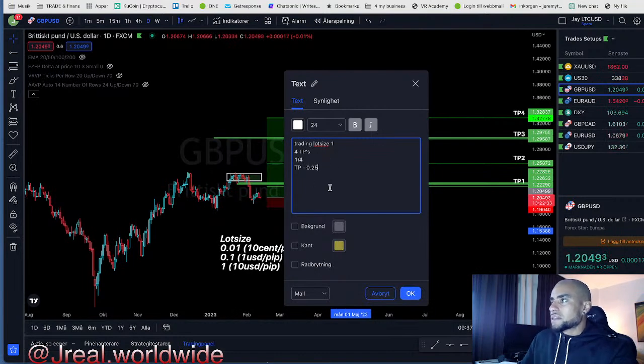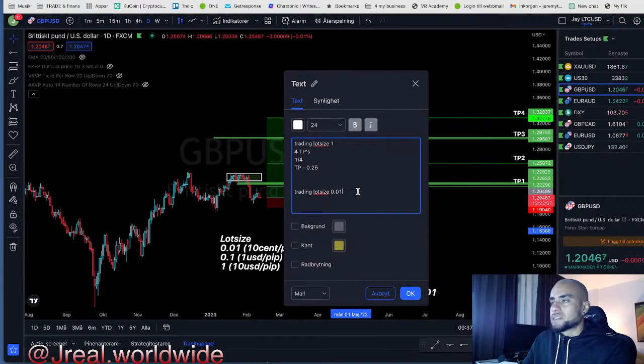Now, let's say you are trading, because I have to do this comparison, I know a lot of you guys trade with lot size 0.01. So let's say you use lot size 0.01.